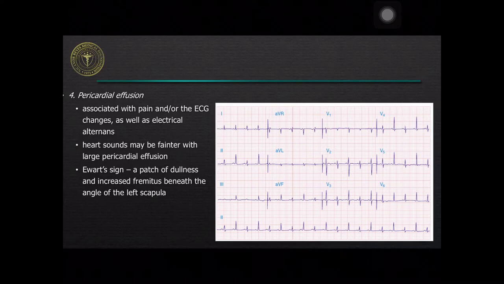Heart sounds may be fainter with large pericardial effusion. On physical examination, a patch of dullness and increased fremitus beneath the angle of the left scapula can be appreciated. This is known as the Ewart sign.